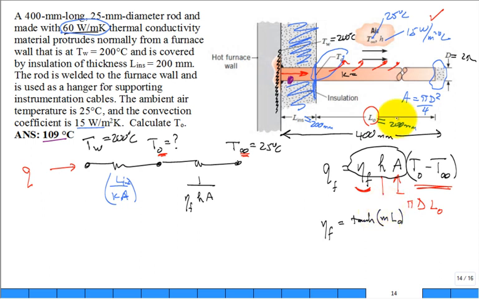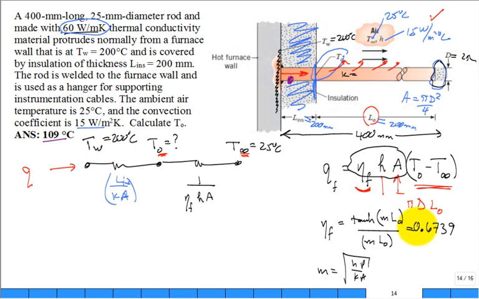Hey, do I put L C or L naught? Look at the tip. L naught. No correction needed on it. Divided by M L naught. I've got to get my fin parameter M. Done this a couple times. Square root of H P divided by K. I have my L naught. I calculate the efficiency of that fin. So I calculate that this efficiency comes in at 0.6739.